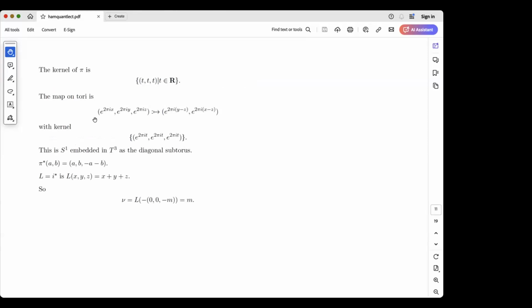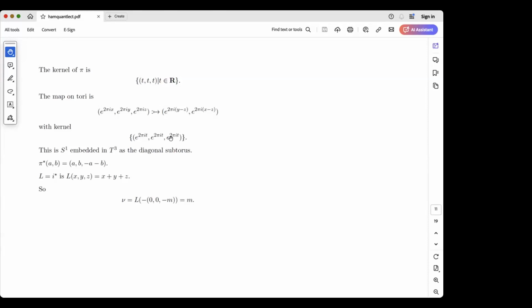The map on tori sends e to the 2 pi i x, e to the 2 pi i y, e to the 2 pi i z to e to the 2 pi i of y minus z, and then e to the 2 pi i of x minus z. The kernel of that is the set e to the 2 pi i t, e to the 2 pi i t, e to the 2 pi i t.